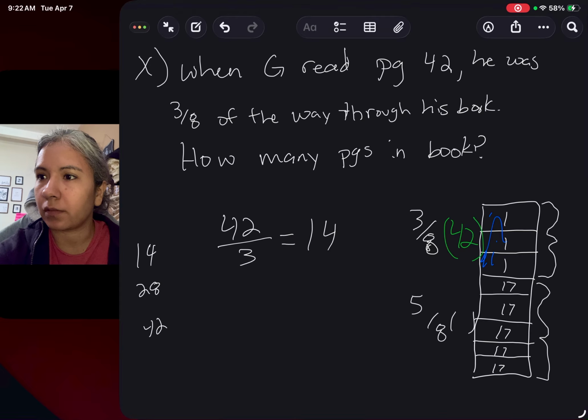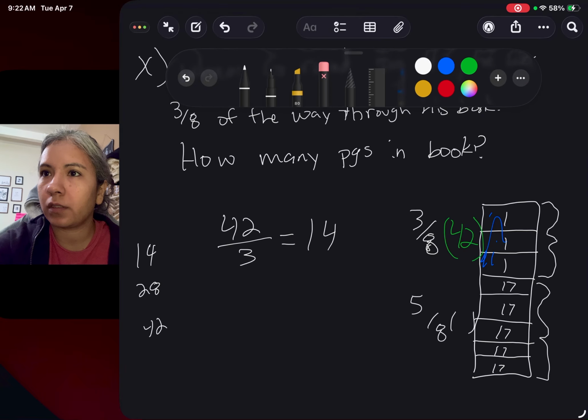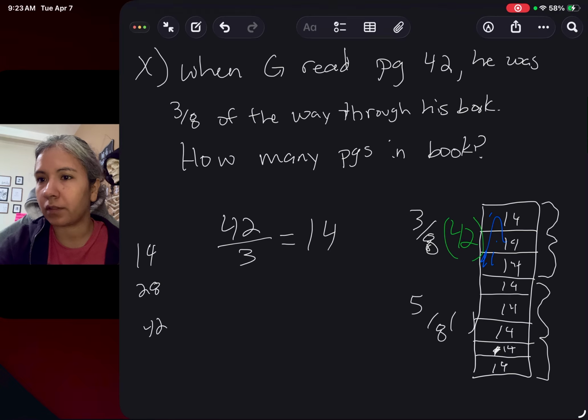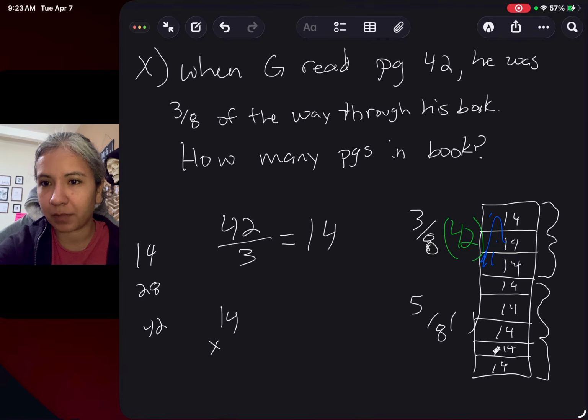So I'm going to erase all the 7s going down. So actually, these are all 14. So now we can do 14 times 5 to get the bottom group.